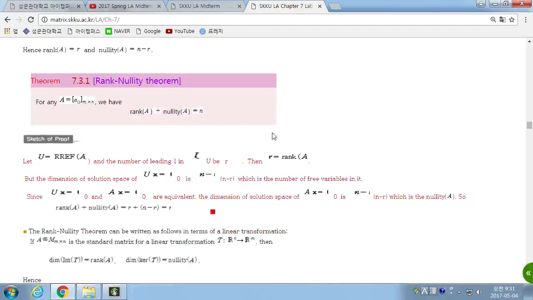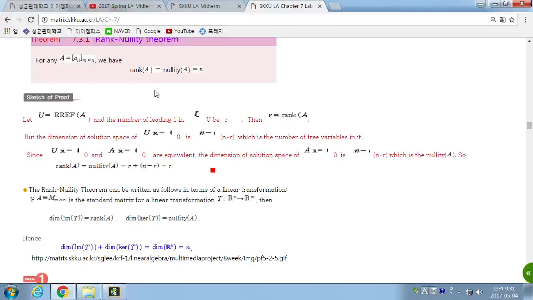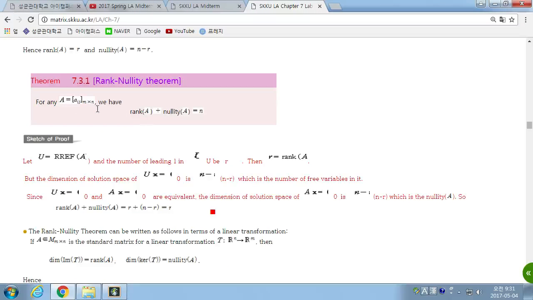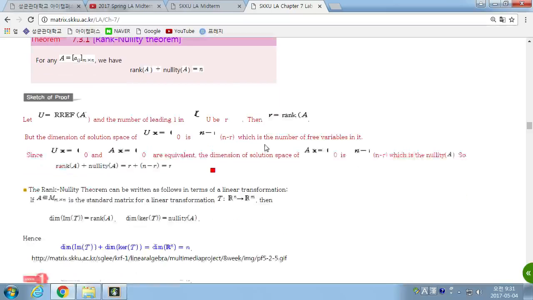So the rank nullity theorem can be written as this: if you have an m by n matrix, then rank of A plus nullity of A is n, which is the number of columns, which is the dimension of the domain.